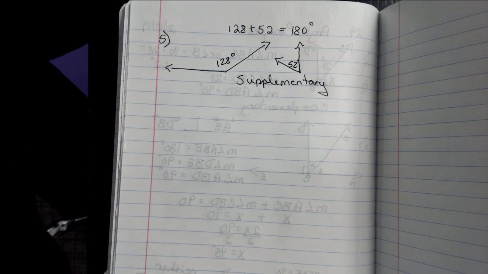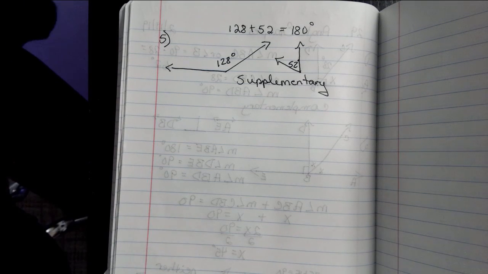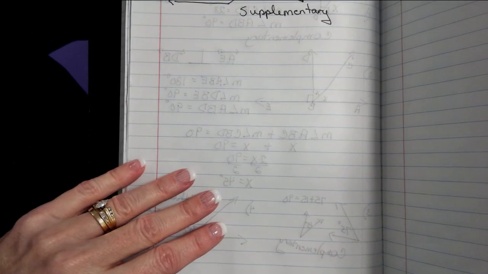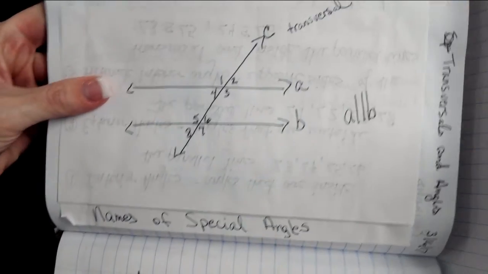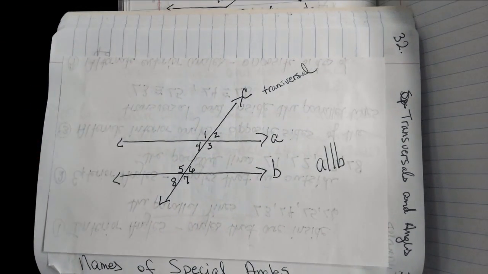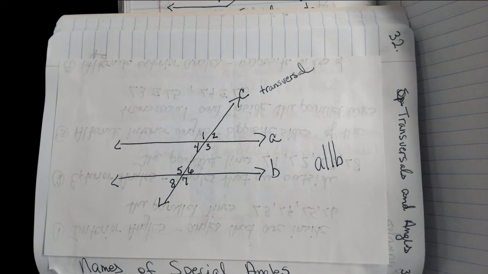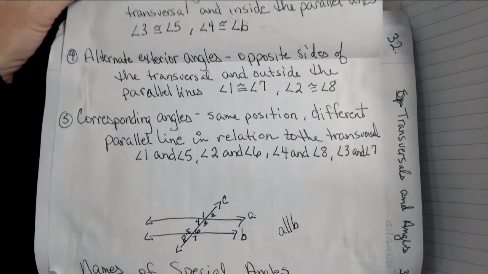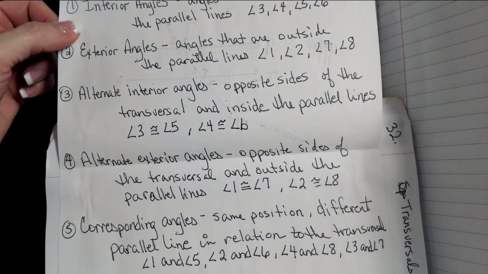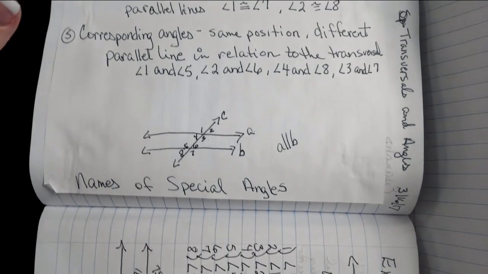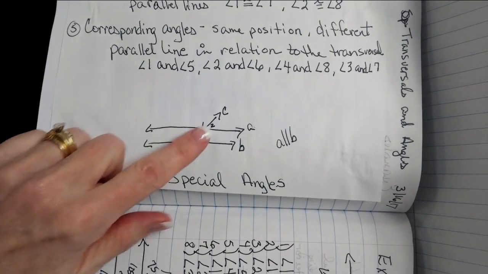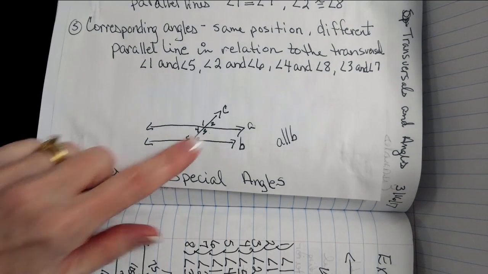All right, now let's talk about the foldable that you made. It looked like this. Okay, so we had the two parallel lines, we had the transversal, and we talked about all the different angles that would be congruent because of this transversal cutting through.